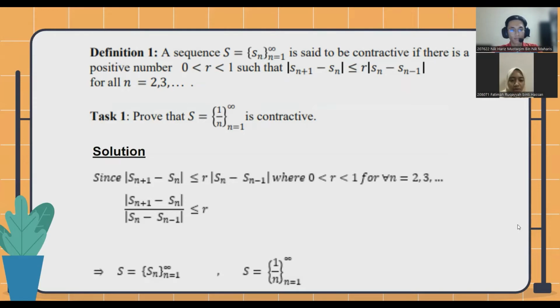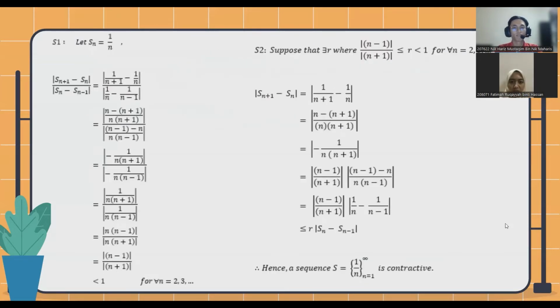From the definition, we have S equal to Sn with upper limit infinity and lower limit n equal to 1. And from the question, we have S equal to 1 over n with upper limit infinity, lower limit n equal to 1.